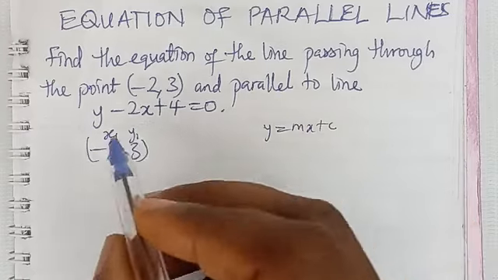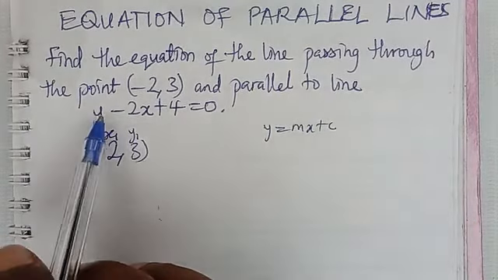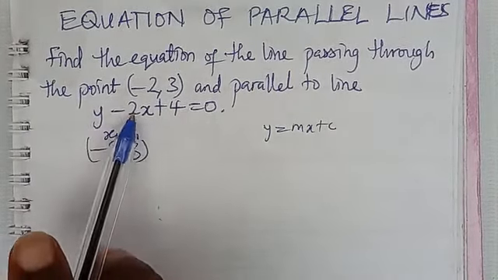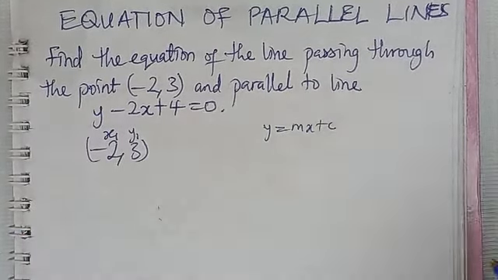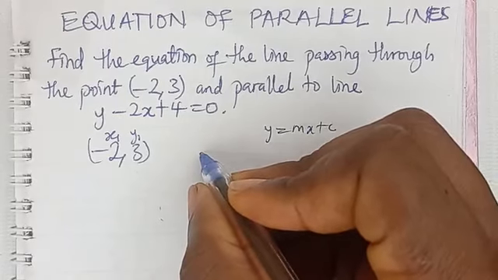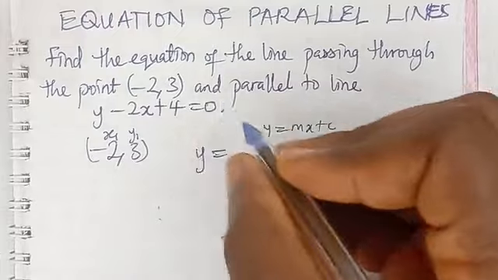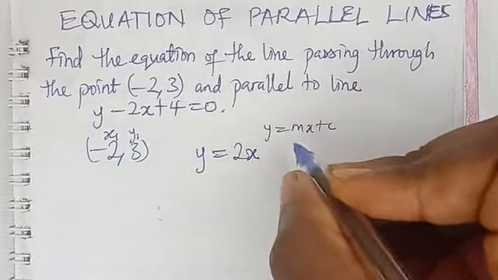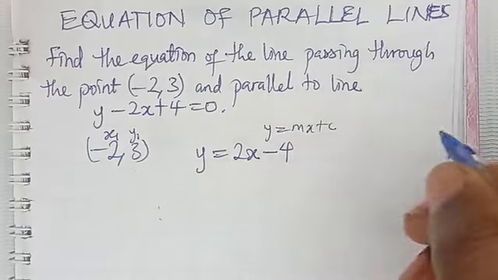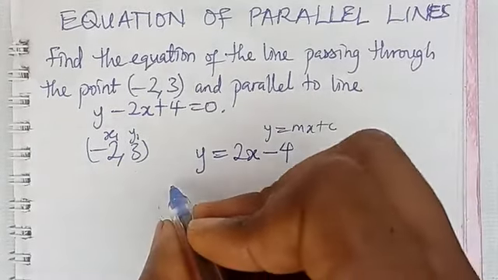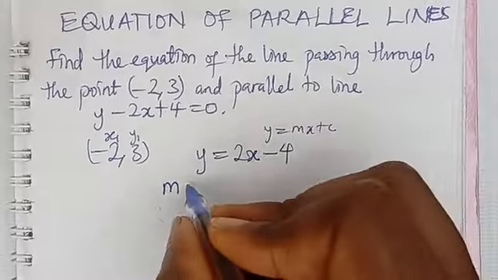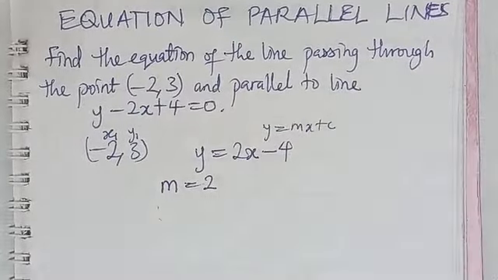Okay, so in this equation, y is already positive on this side, so we are going to send every other thing to the other side of the equation. Now, we have that y is equal to minus 2x crosses over to be 2x, and then plus 4 crosses over to be negative 4. Therefore, the gradient of the line is equal to 2.